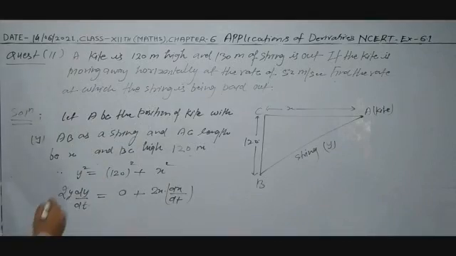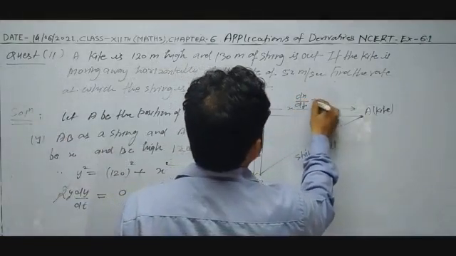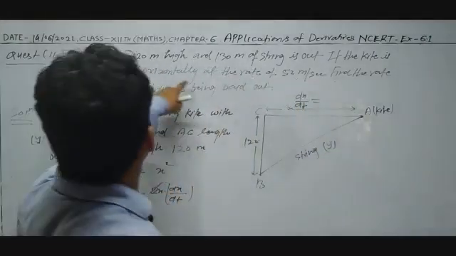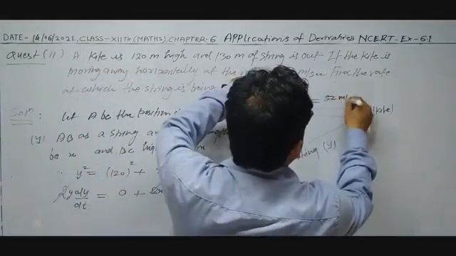So 2 cancels out, and dx upon dt, according to the question, is 52, horizontally at the rate of 52 meter per second.